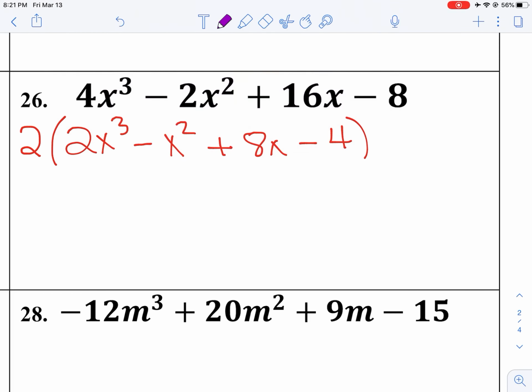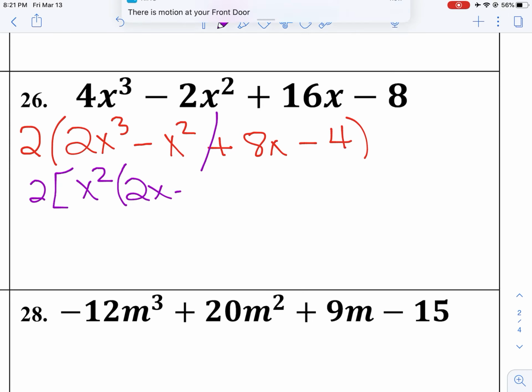And then from there, I need to do the steps that I was already doing. Sometimes I make it into a bracket instead of just parentheses. I look at the first two. They have an x squared in common, and if I take out the x squared, I get 2x minus 1.